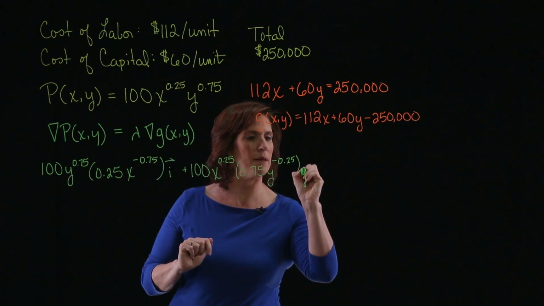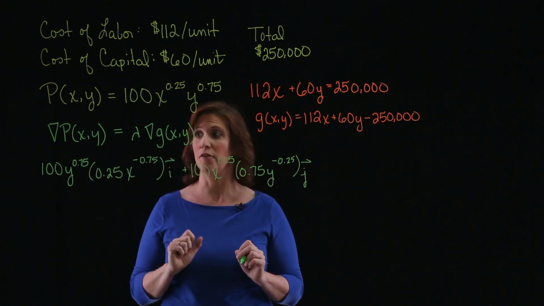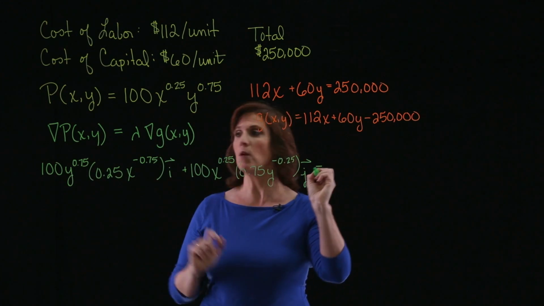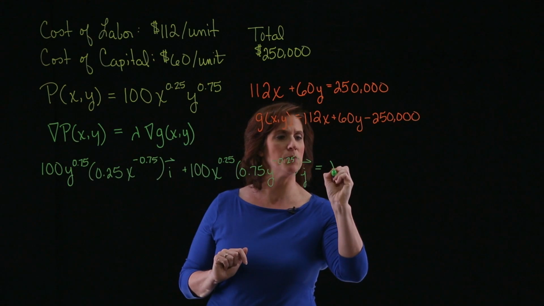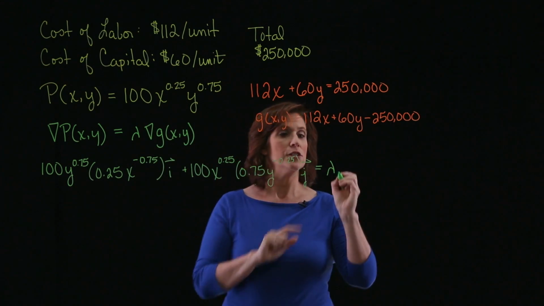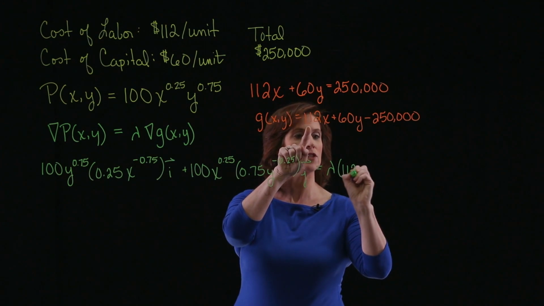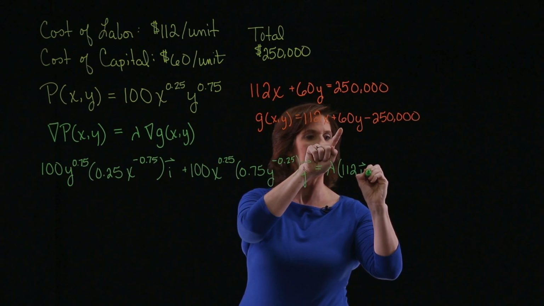And that will be multiplied by my vector j. Okay, so that's my gradient of P. This is going to be equal to my Lagrange multiplier lambda times the gradient of g. So the gradient of g is going to be 112i plus 60j.